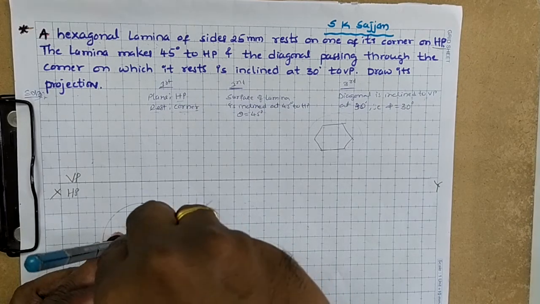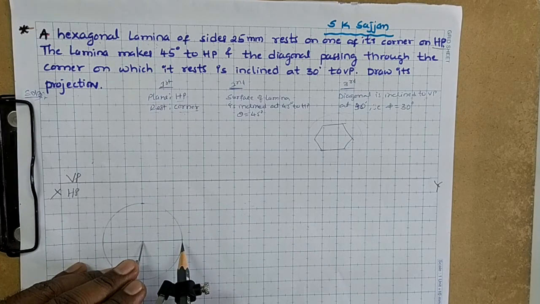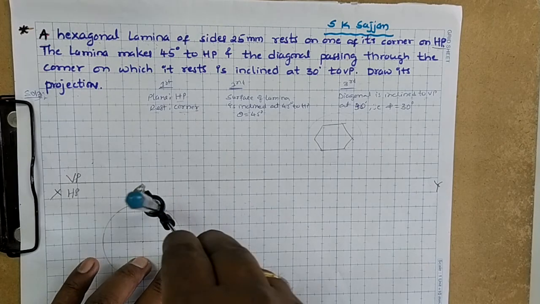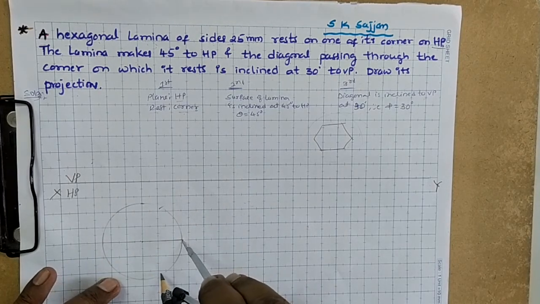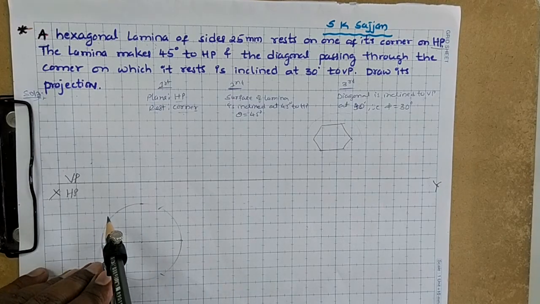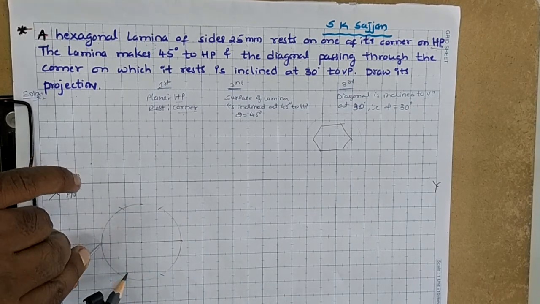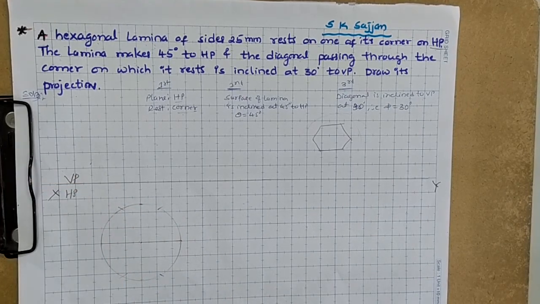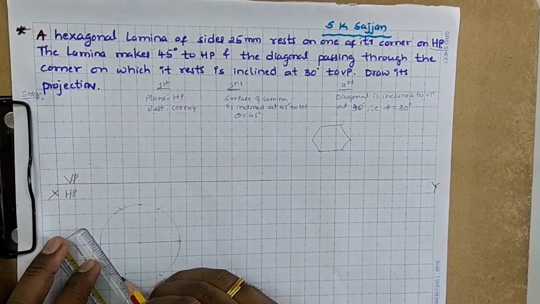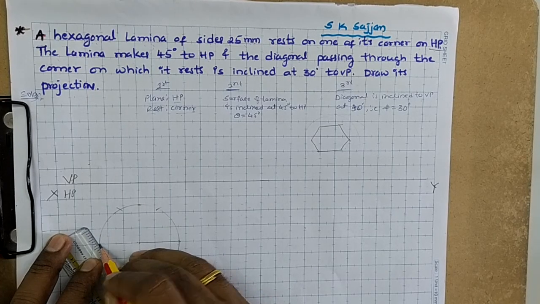Take 25 mm here, the length of the side is 25. From this point draw the arc above and below, and from the other point also draw the arc above as well as below, which cut the circle. By connecting these points we will get the hexagon resting on a corner.